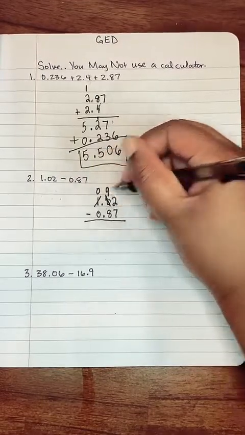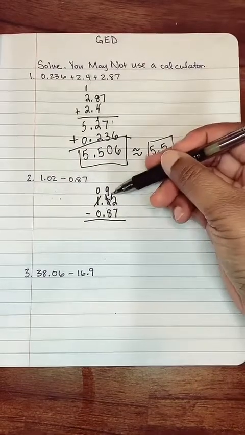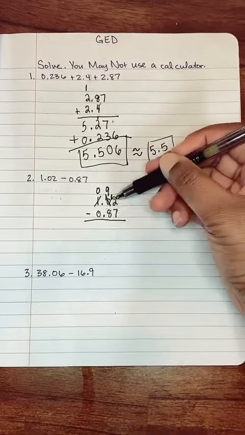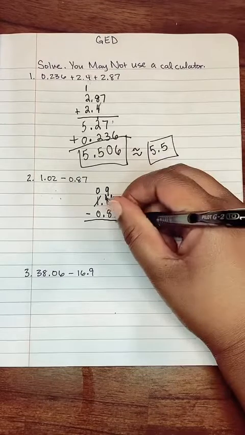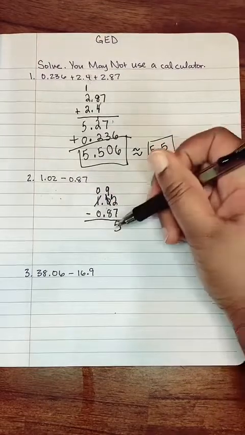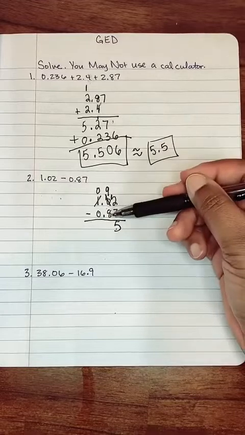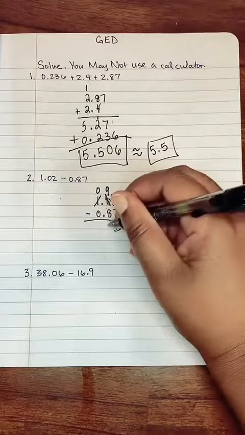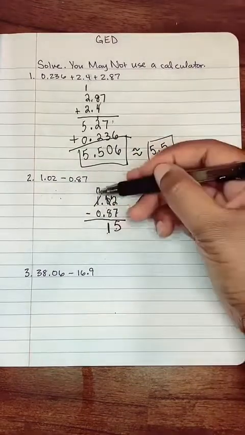Okay. If you're not good at subtraction, think of 7 plus what gives you 12? Well, 5. 5 plus 7 gets you 12. 8 plus what? Or 9 minus 8. Okay. We get 1. So 1 plus 8 gets us 9. And then we have 0 minus 0 is just 0. Don't forget to bring down your decimal. And our answer is 0.15.